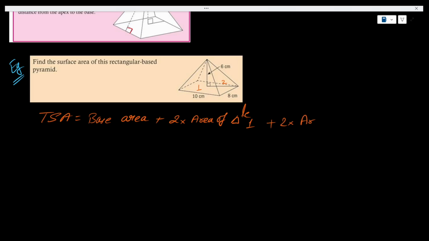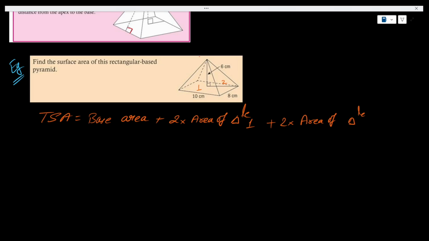So the front triangle area and back triangle area will be the same. Again, the TSA or total surface area will be equal to base area plus 2 times area of triangle. One is the front side triangle and the other is the side triangle. So two times area of triangle.